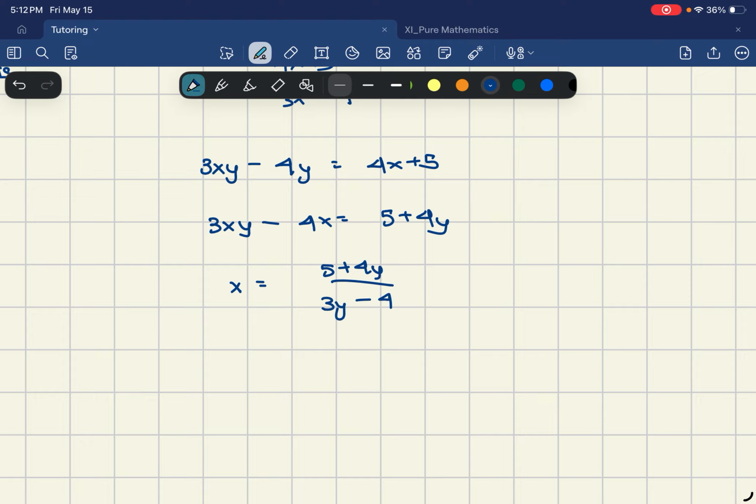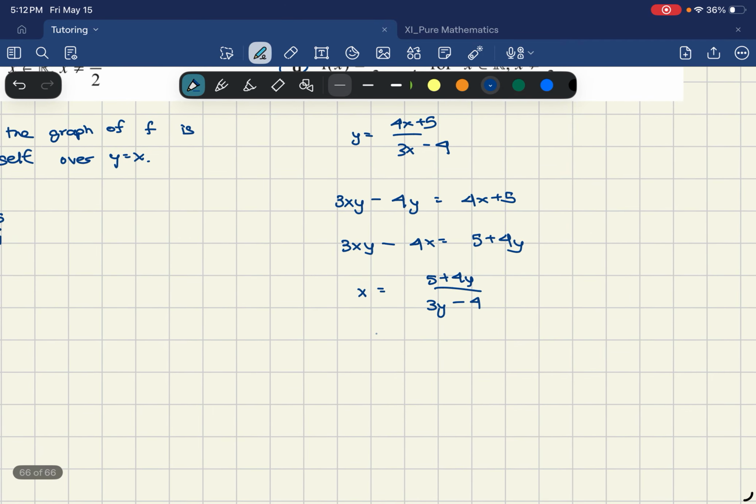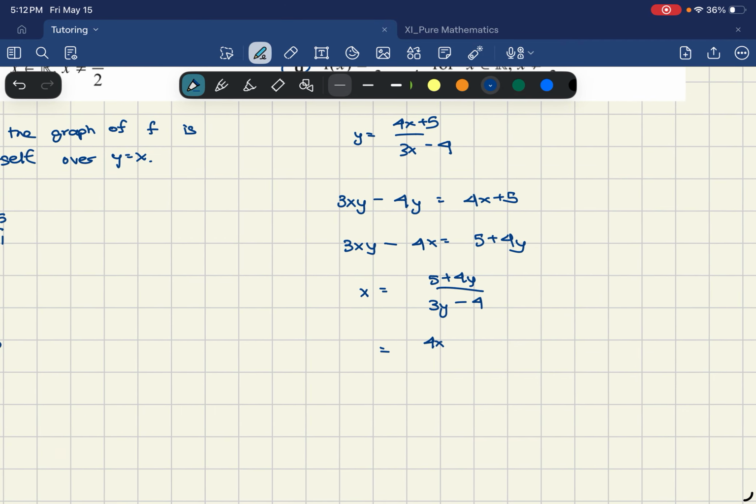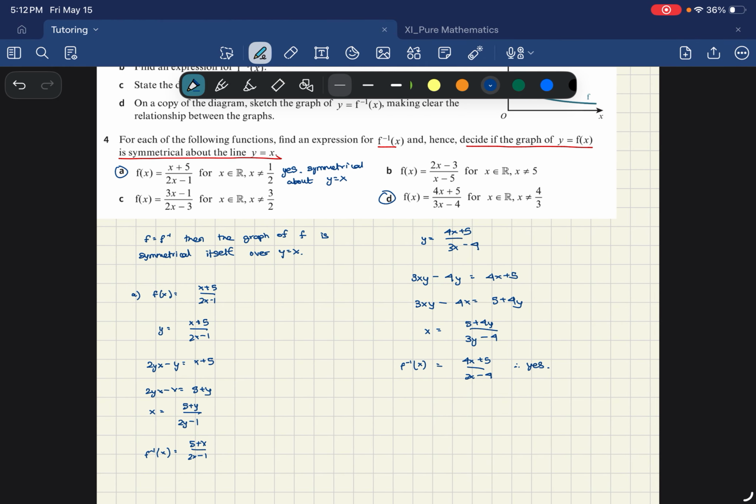So I know I'm doing it a bit quickly, but I am hoping that you're going to try the algebra on your own. And that is exactly what we started with. You get f inverse of x is 4x plus 5 over 3x minus 4. Therefore, yes. It's a self-inverse, and self-inverse means it's symmetrical over y is equal to x. And we are done with this topic.